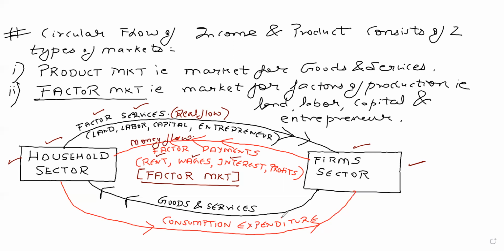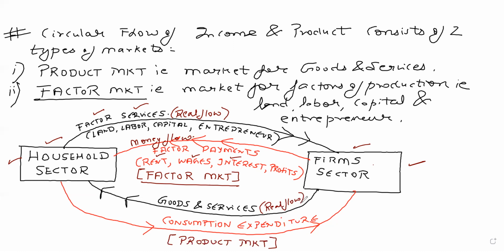So this market is called the product market. So I can write in brackets, this flow is called the product market or the product flow. Now out of this, guys, what is the real flow and what is the money flow? When the firms are providing goods and services to the households, no money is involved. So this is my real flow.